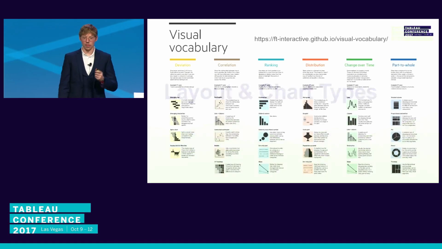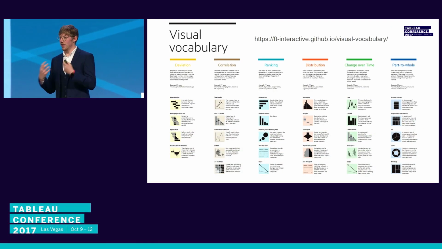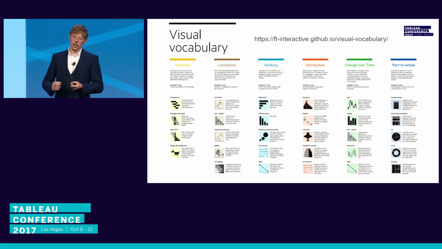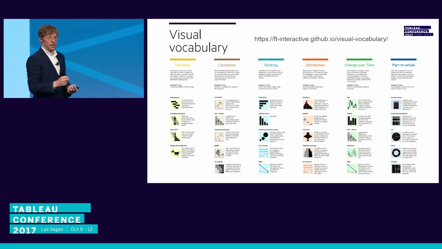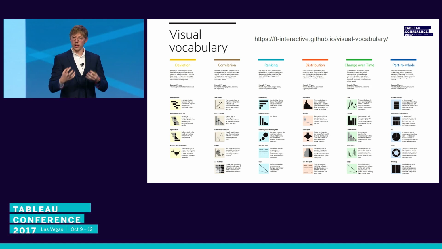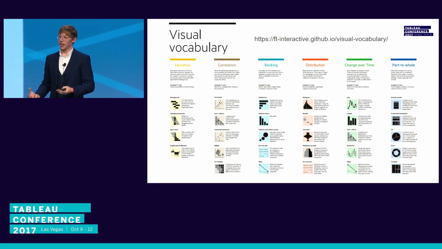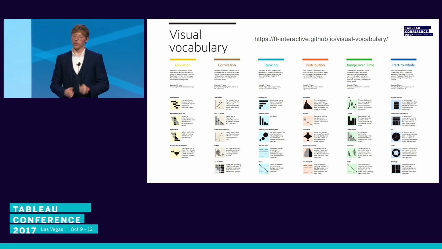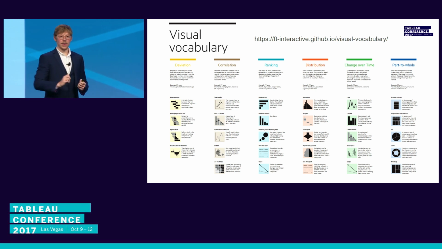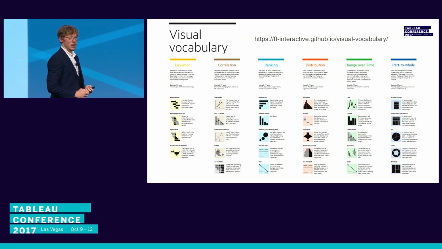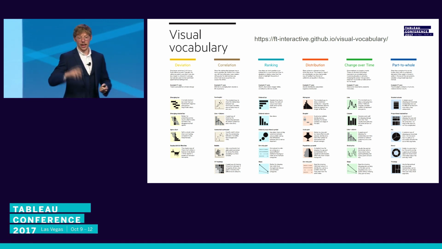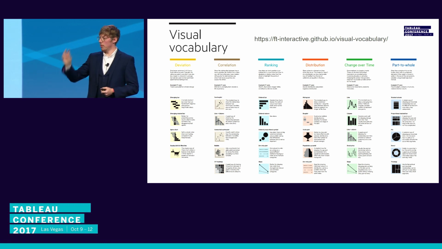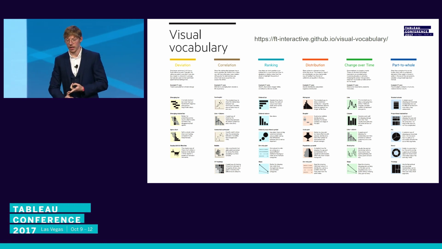The Financial Times actually tried to tackle this problem. So if I refer right the way back to the start, I said that our audience almost expect to see data laid out in a particular way. And they created this visual vocabulary. So actually what they're saying is, depending on the type of analysis you're doing, so is it a deviation type?